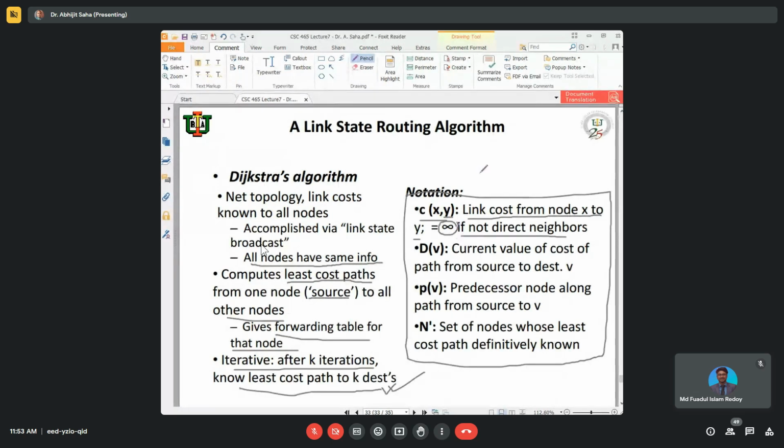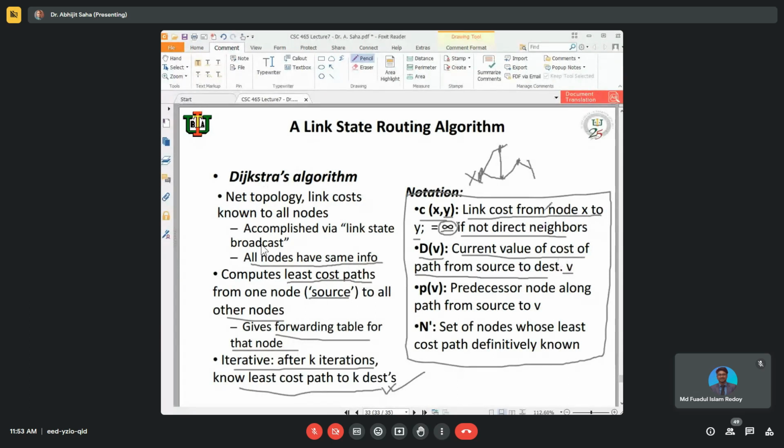These two nodes are directly connected, but node y is not connected with x directly, so x doesn't know about y, and we use the infinity sign for it, an unknown node for the node x. D(v) means the current value of the cost of the path from the source to destination v.